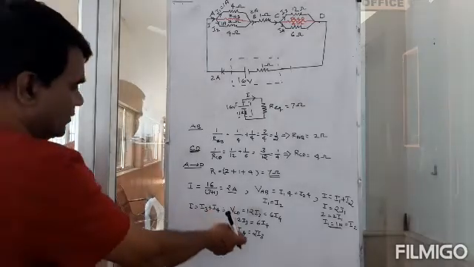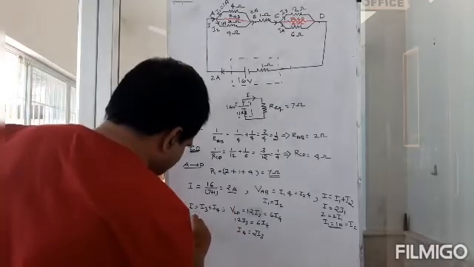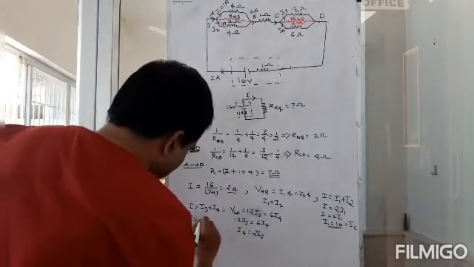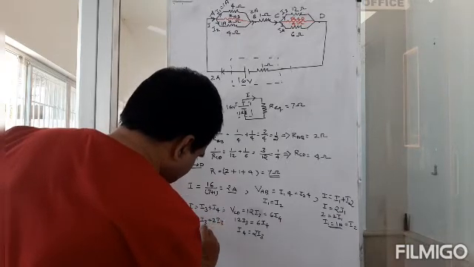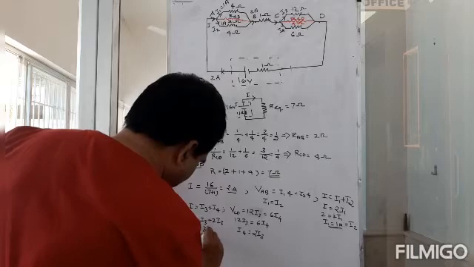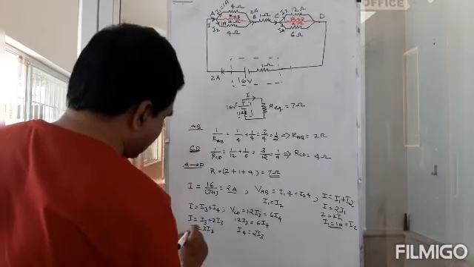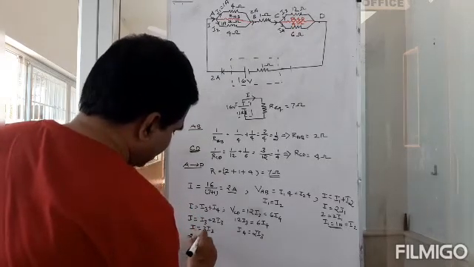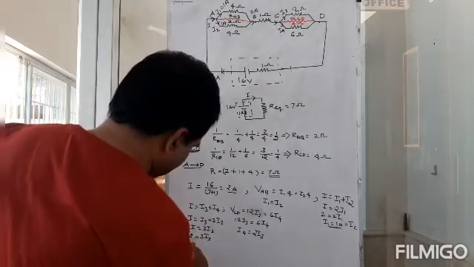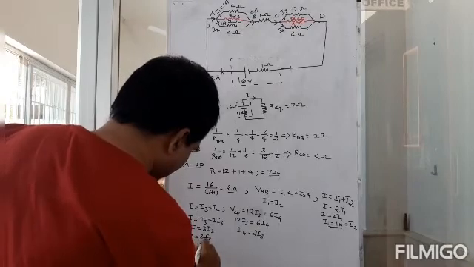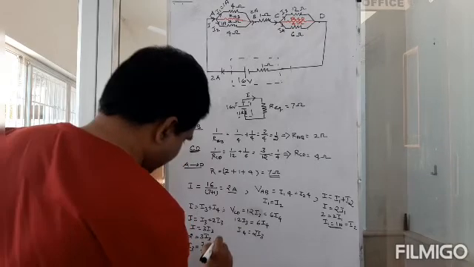So now can I bring it here? What is I? I is equal to I3 plus I4. I3 will remain, and for I4 I can take 2 I3. So I say 3 I3 is equal to I. But what is I? 2 amperes. So 3 I3 is equal to 2 amperes. So I3 must be equal to 2 by 3 amperes.